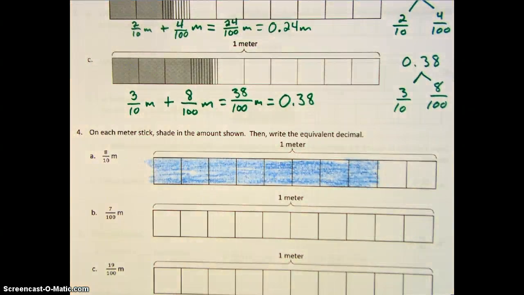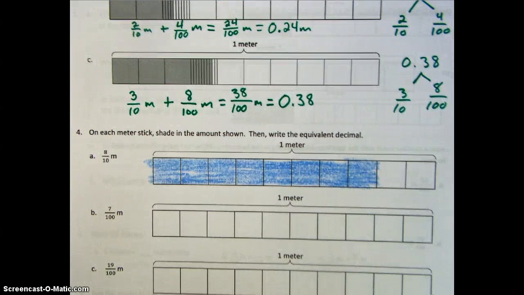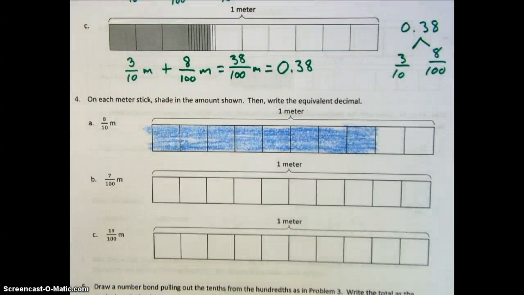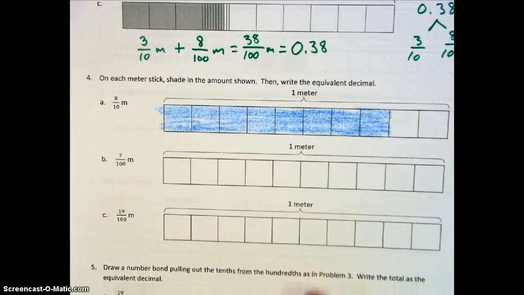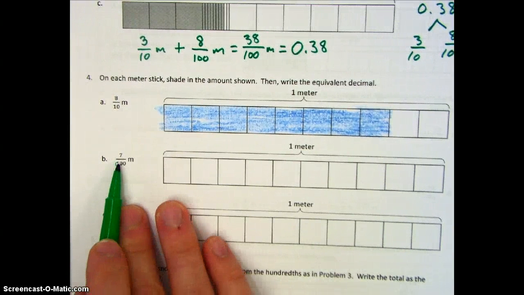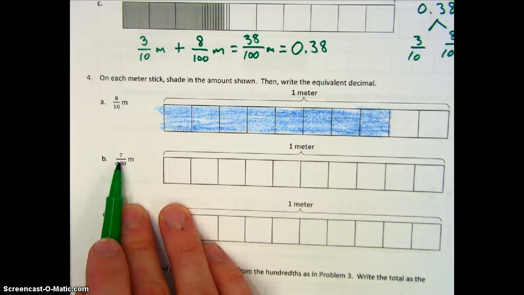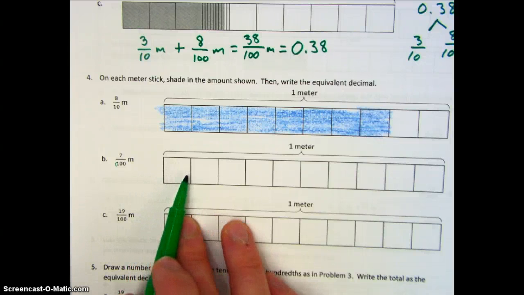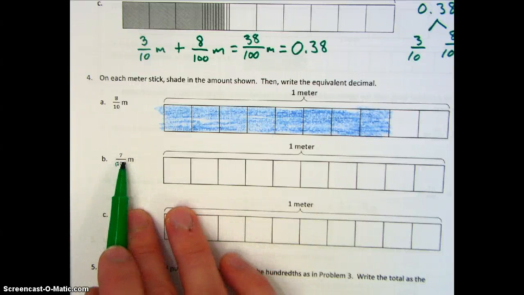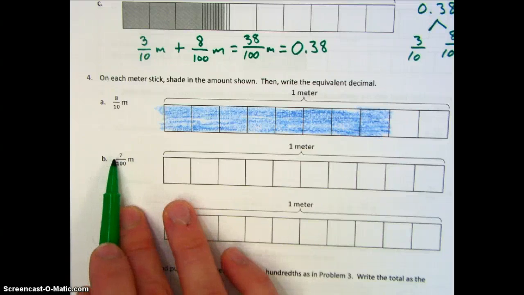Okay. Now moving on to the next one, notice how our denominator has changed. Instead of dealing with tenths, now we're dealing with hundredths. Now notice how our numerator is a single digit, which means we're less than 1/10. So when we come over here to this first tenth, we need to break this up into 10 smaller sections, because we have a single digit numerator.